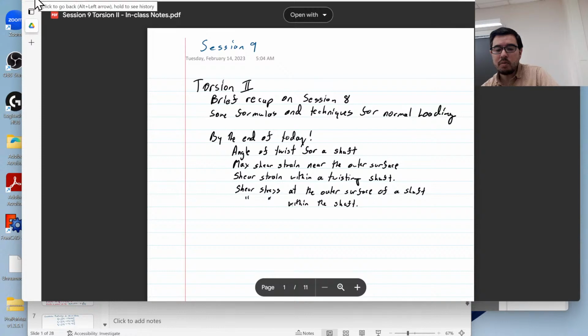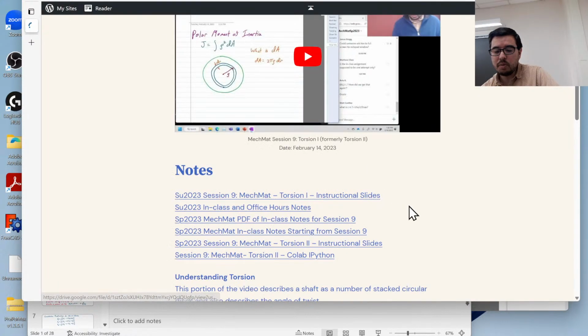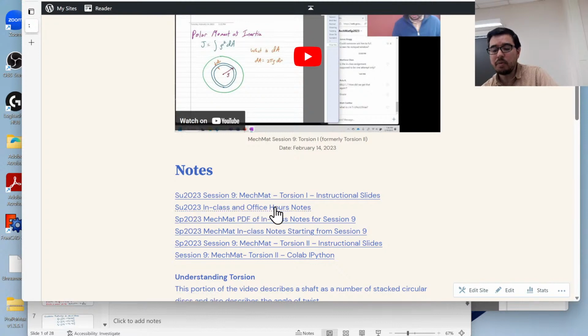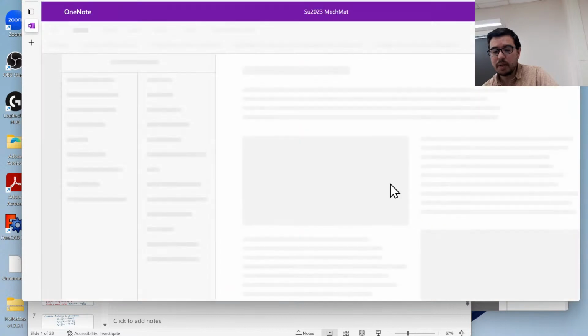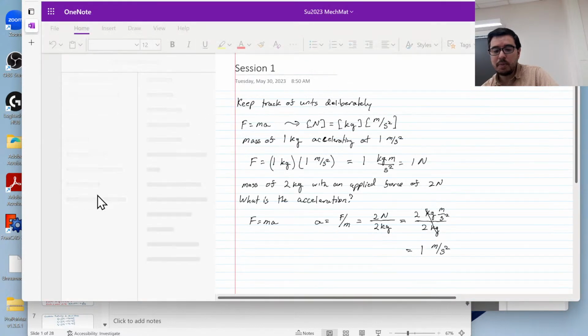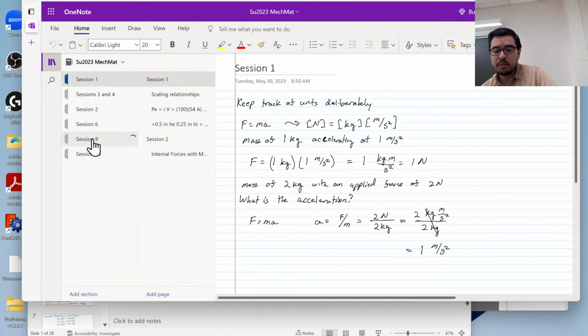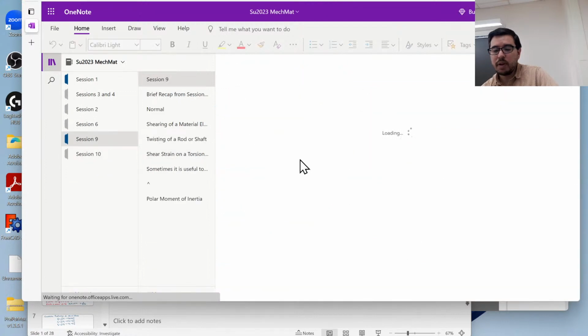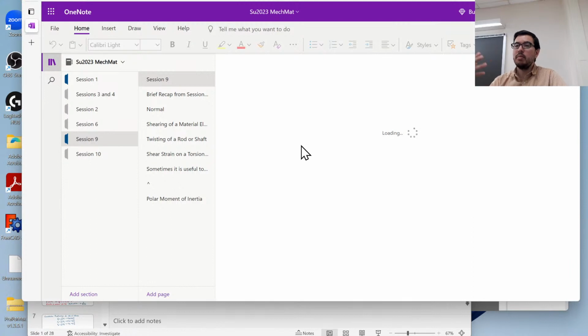I've also pasted those notes in our summer 2023 in-class and office hour notes, so they're right here if you want them. If you open this one up and go down to session 9, you'll be able to find them in this form as well. So there are a number of resources to get you acclimated with what we're going to be covering in session 9 and session 10. Same guidelines apply if you want to look at session 10 as well.